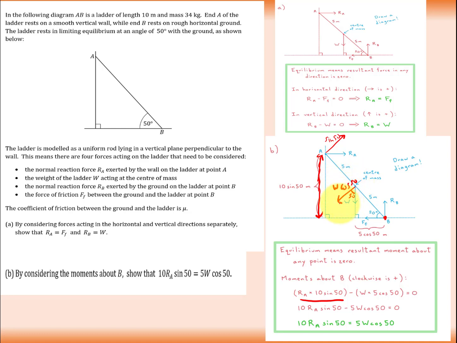Okay, so those equal essentially 10 sine 50 times RA, because that's the RA sine 50 and that's W, and that equals the anti-clockwise, which is W cos 50.